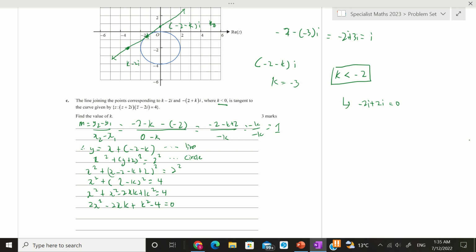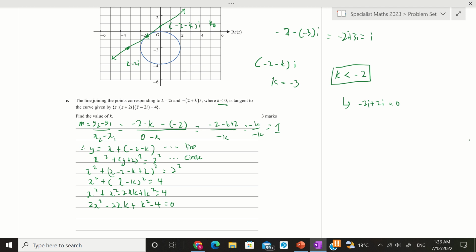Realistically, had I had an actual numerical value for k, I would be able to find what this intersection point was. But in this case, this point here is a tangent point, right? So what that means is this line only touches this circle one time, which means that if I was to solve this quadratic equation, whatever value k is, I would only expect to get one answer.